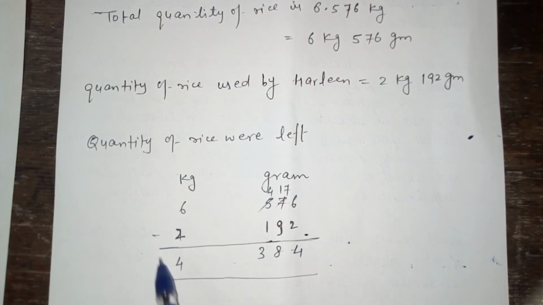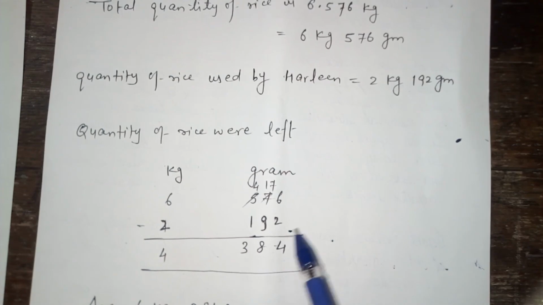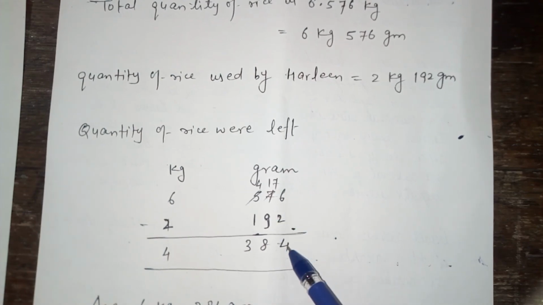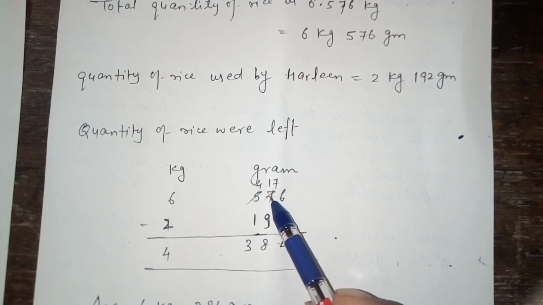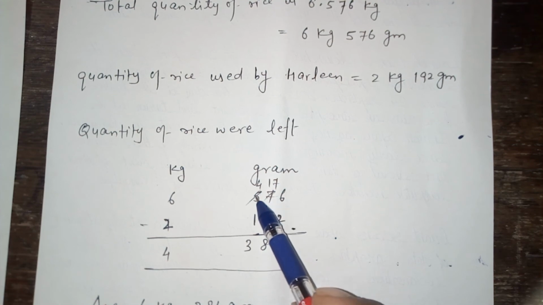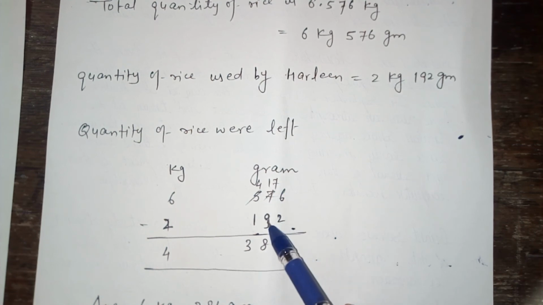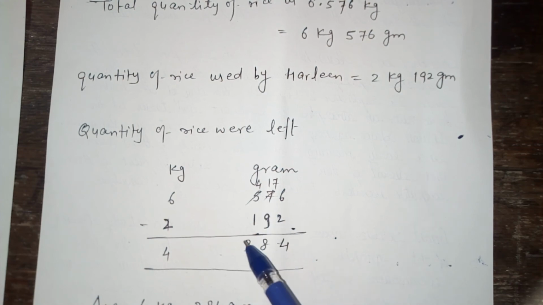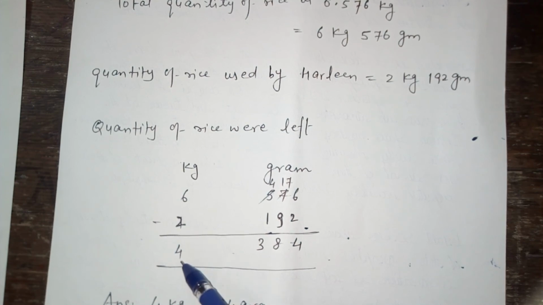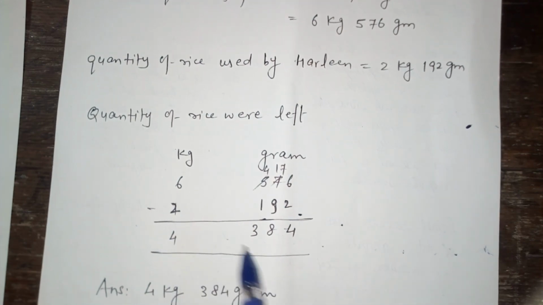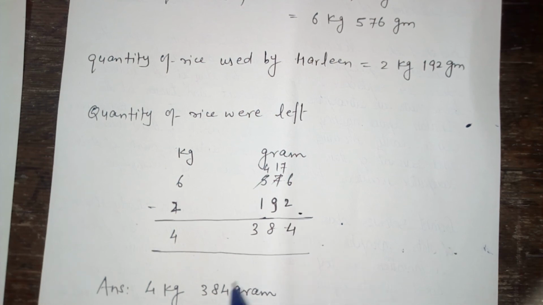Now look here, 6 minus 2 is 4, this is 7, this is 9. 9 we cannot subtract from 7, so we borrow one from 5, so 5 becomes 4 and 7 becomes 17. 17 minus 9 gives 8. 4 minus 1 is 3, and 6 minus 2 is 4. The answer is 4 kg 384 gram.